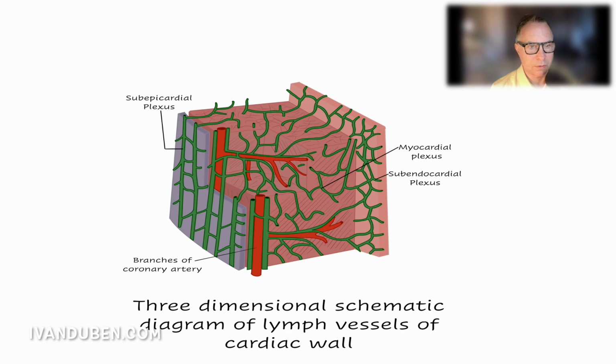So again, here we do see the red vascular branches of the coronary artery and the subpericardial plexus, the lattice of lymphatics that is interwoven into all of the muscles and myocardial plexus. So this is muscle, and it's just loaded up with lymphatic vessels.